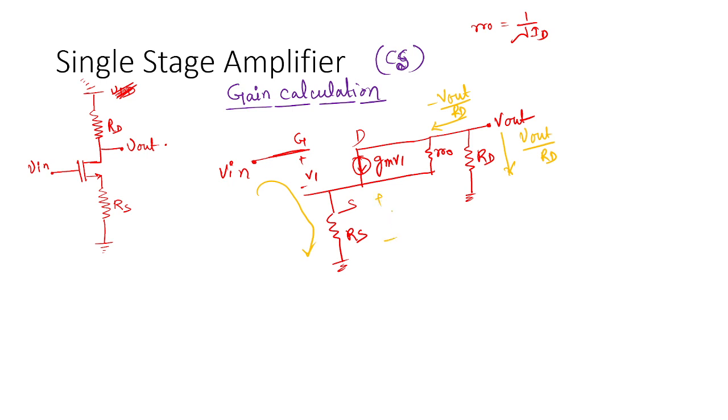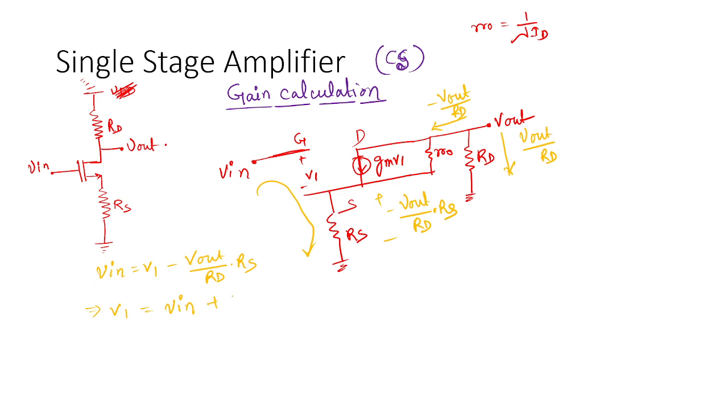So what is the voltage drop here? Minus Vout by RD into RS. Now if I write KVL here, I can write Vin is equal to V1 minus Vout by RD into RS.